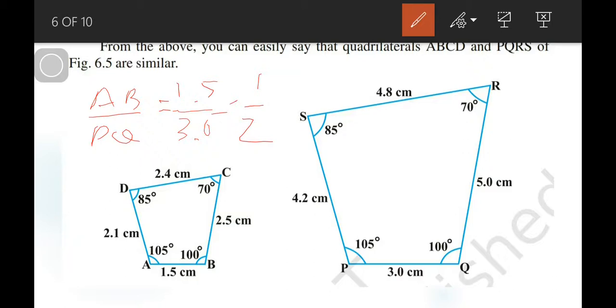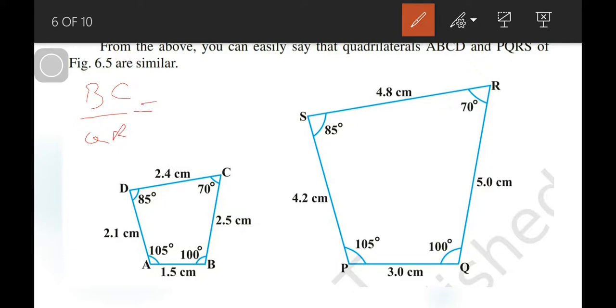Let us consider the second ratio. BC upon QR is equal to 2.5 upon 5.0, which is equal to 1 over 2. It is also equal to the first ratio.